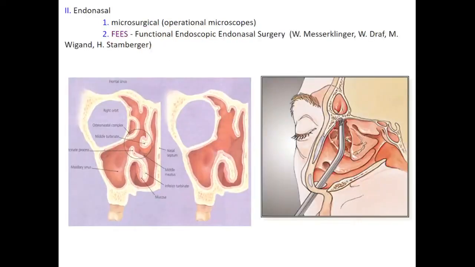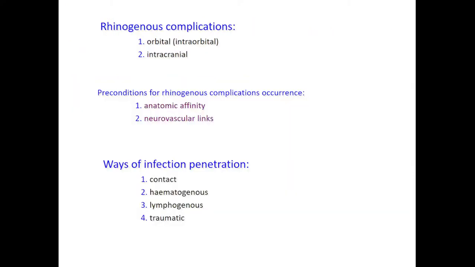So, of course, as we see here, ethmoid sinus, maxillary sinus, frontal sinus have very close connection with orbit. And of course, the orbit is the first region where complication may be developed. So, ways of infection penetration: it's contact, hematogenous, lymphogenous, and traumatic. More common are contact and hematogenous.